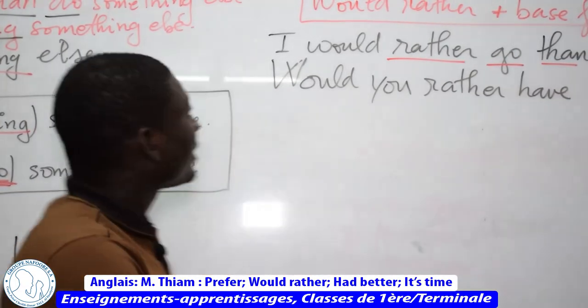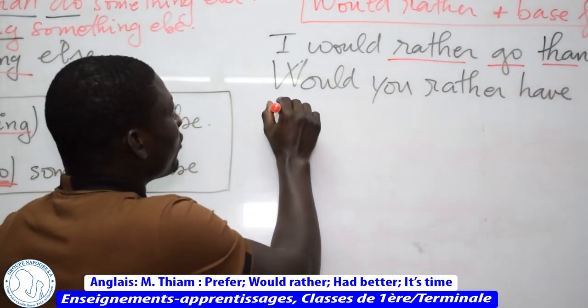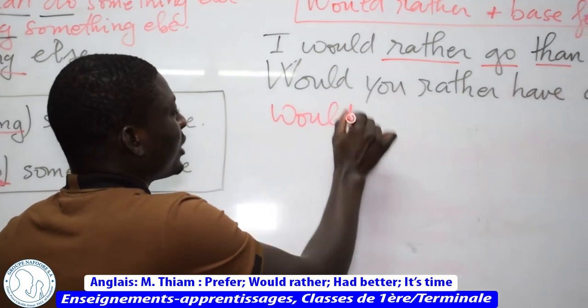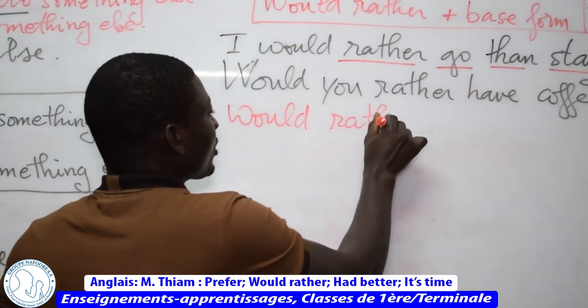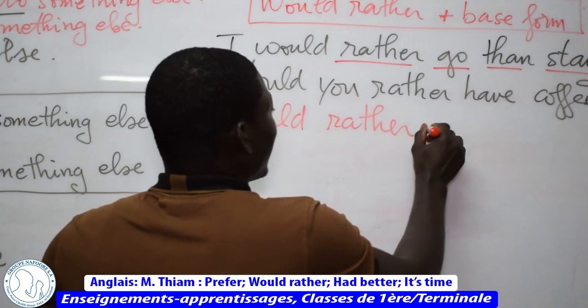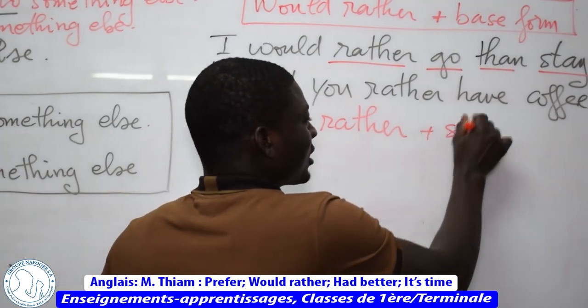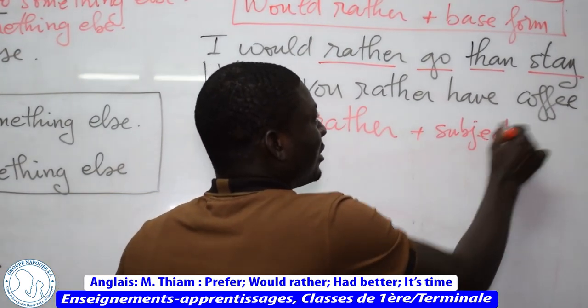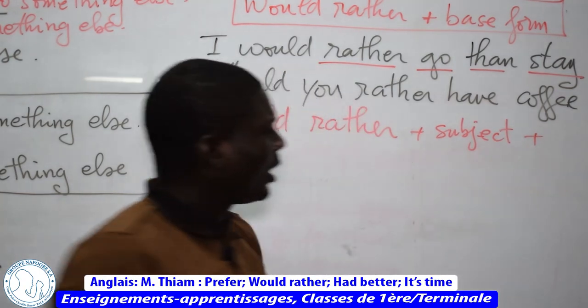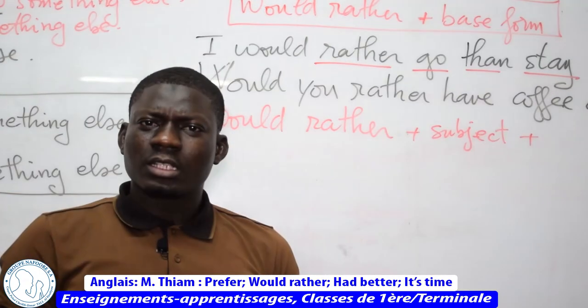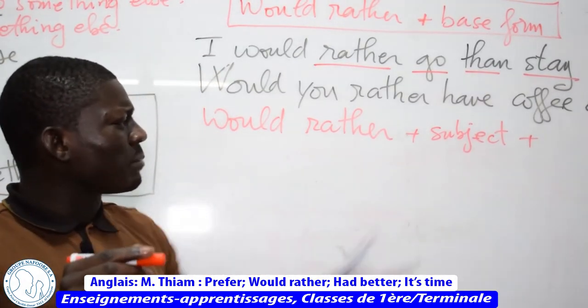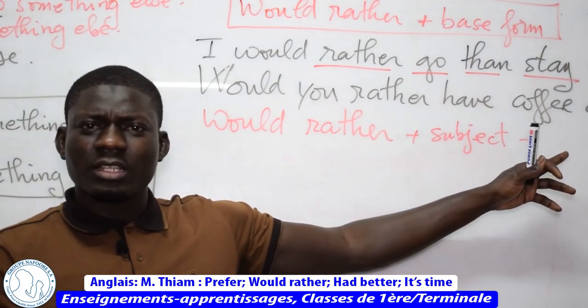Understand that? Right. In another use of would rather, you can have this. Would rather plus subject plus. Well, my question is, are we going to still have the base form after the subject here?